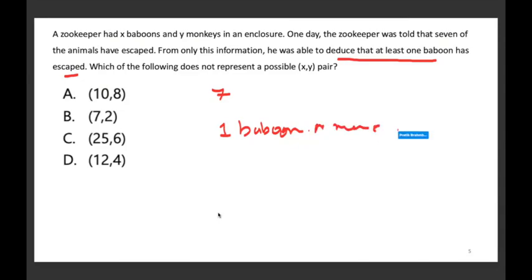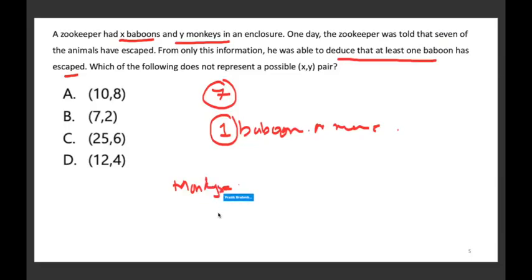Okay. What that means is baboon is X and Y is monkey. What that means is for monkeys, अगर out of 7 you know one baboon has escaped, which means the number of monkeys, which is represented by Y, has to be less than or equal to 6. Why?